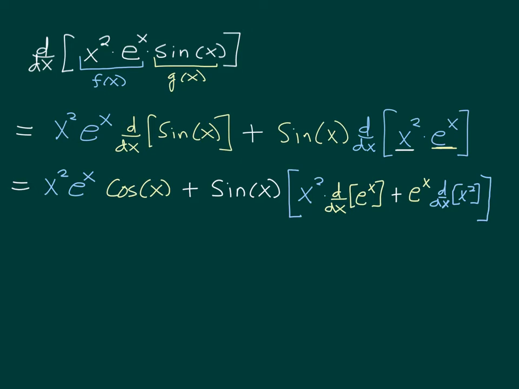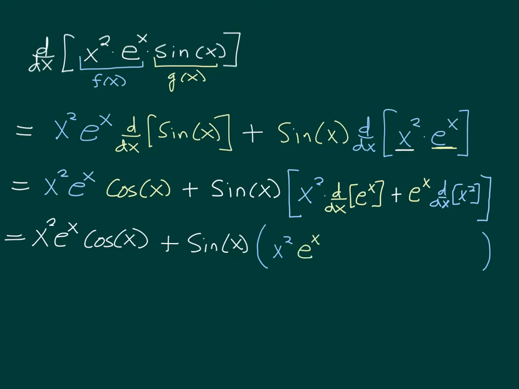Okay, so in our next line, we'll copy over our first term. So this was x squared e to the x times cosine of x plus, now we'll have sine of x, and we're going to open up a nice big parentheses and finish our derivative here. So we'll have an x squared times the derivative of e to the x, which we know is just e to the x.